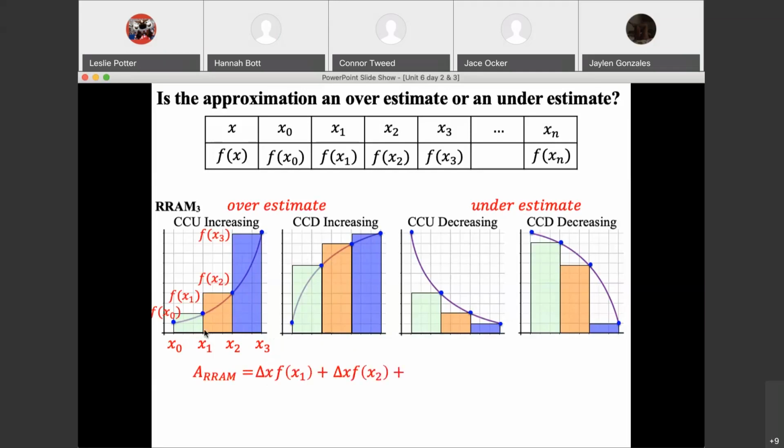So we're using 1, 2, and 3 in this case, which means we're not using the first point because the first point's on the left side of the rectangle, and this is an RRAM. And if I wanted to extend this out to more rectangles, we would have to use that last point in the table. So those are the patterns: if I'm doing an RRAM, I'm skipping the first point and using the rest of them as heights. That makes sense? If I'm doing an LRAM, I'm using the first points and skipping the last point.